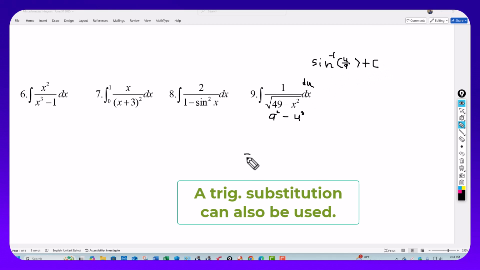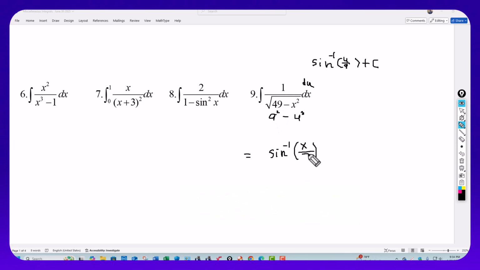Now, right from this, in our case, the a is 7 and the u is x. So the answer to this one using this formula would be sine inverse or arcsine of u. In this case, u is x. It's 49 or 7 squared, so the a is 7. So the answer for number 9 is sine inverse or arcsine of x over 7 plus the constant of integration.